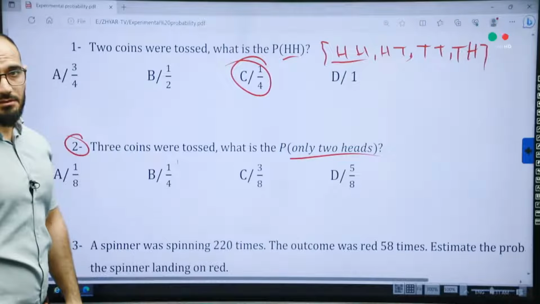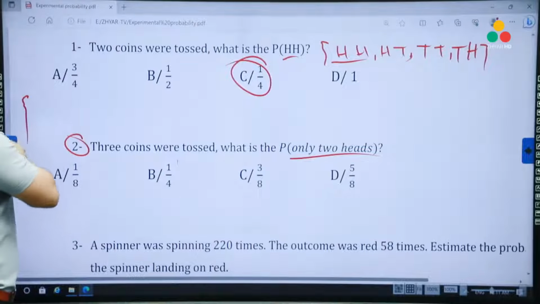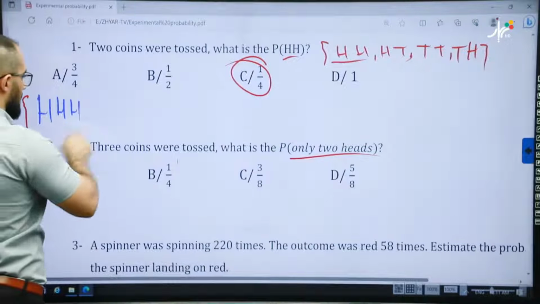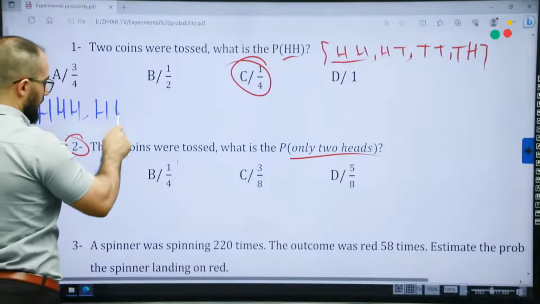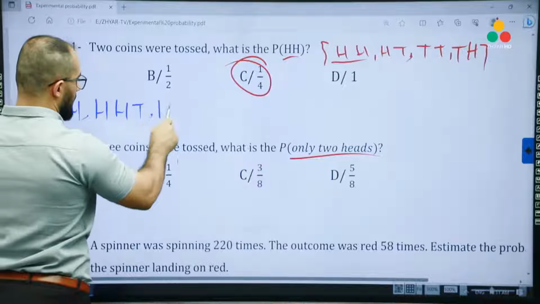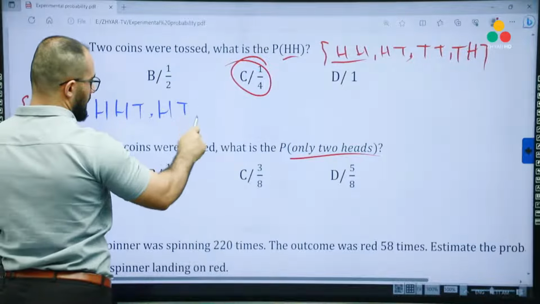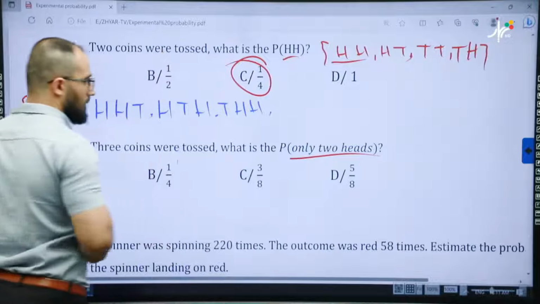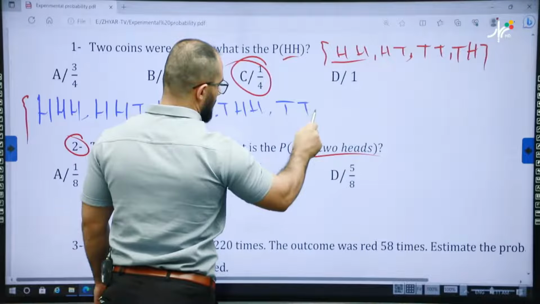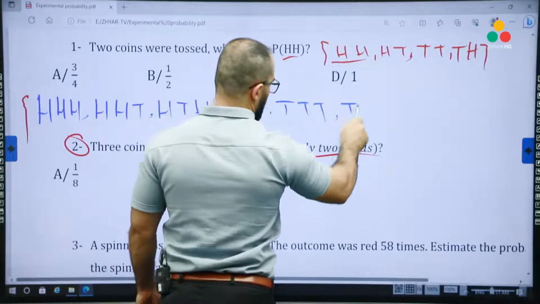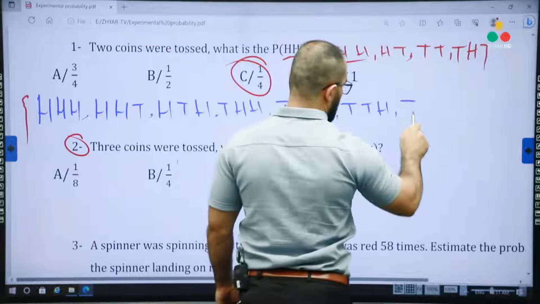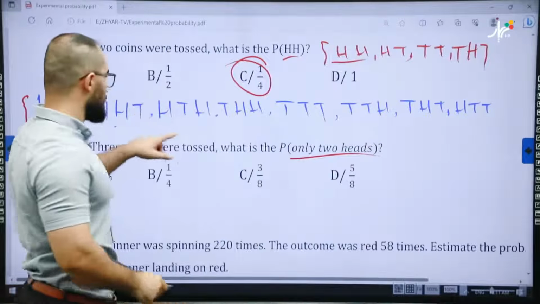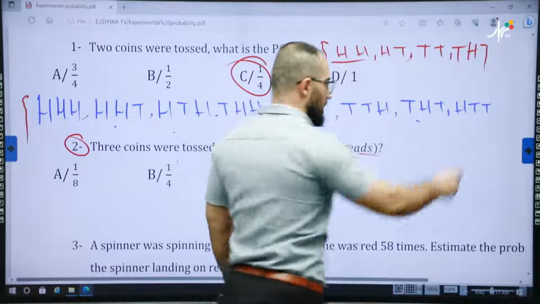If we have 3 coins, then the results are H, H, H. Then we have H, H, T. H, T, H. And then we have T, H, H. For the others, it's going to be T, T, T. Then we have T, T, H, and also T, H, T, and H, T, T. So we have 8 results.